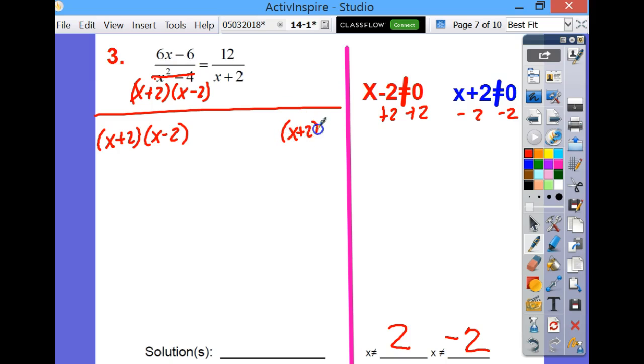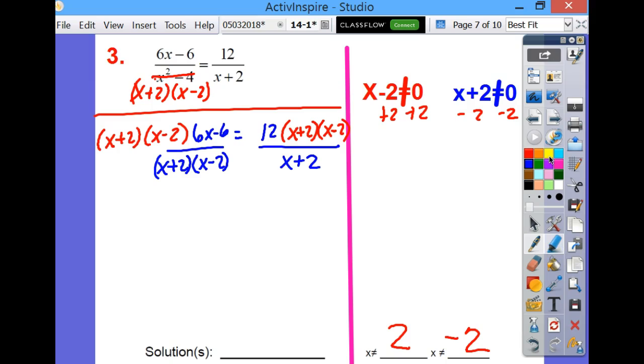And I'm going to multiply that by 6x minus 6. I'm going to multiply both sides by the LCD, and then what's going to happen?